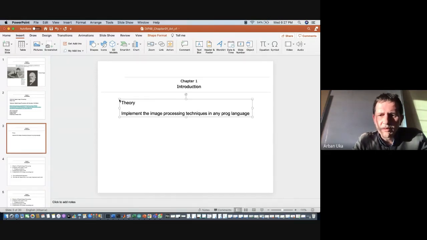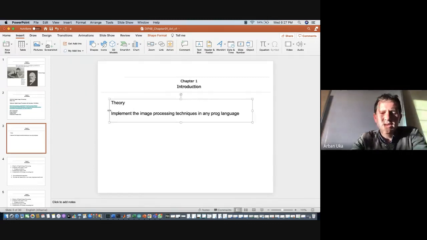The book that we are going to use leans a lot toward MATLAB, which is a very good programming language. But you can use any other language, such as Python or Java, or C, C++. You can use any programming language whenever you implement something or submit the homeworks.